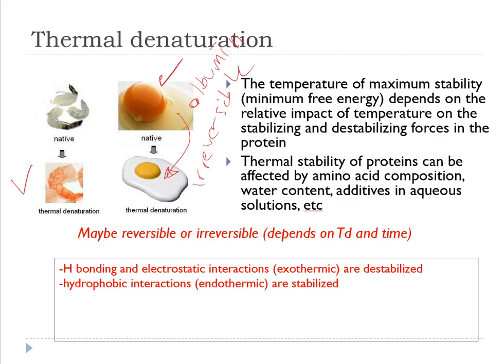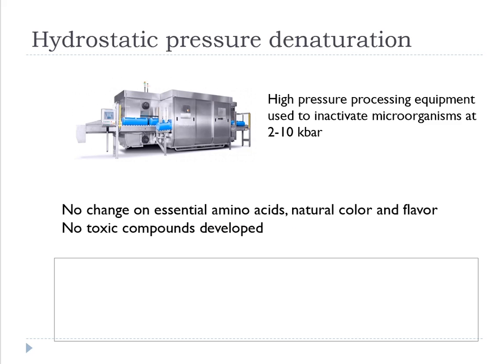Let's see another way of denaturation. Hydrostatic pressure denaturation. In this picture, you see a high pressure processing equipment which is used to inactivate microorganisms at 2 to 10 kilobar. Under these conditions, some proteins can be denatured.